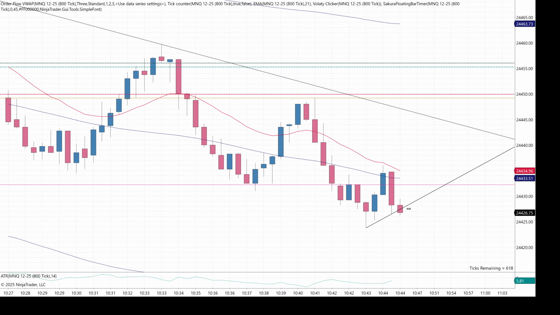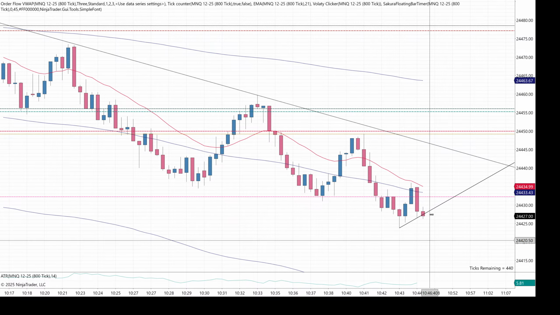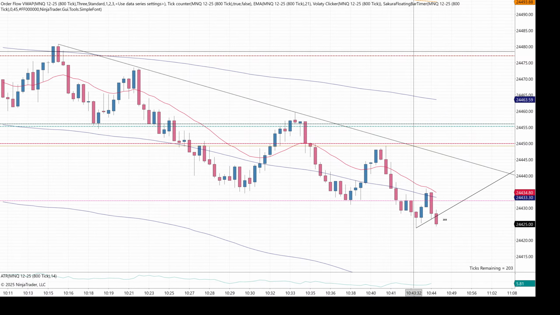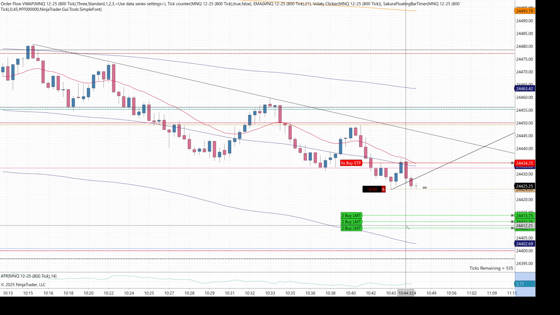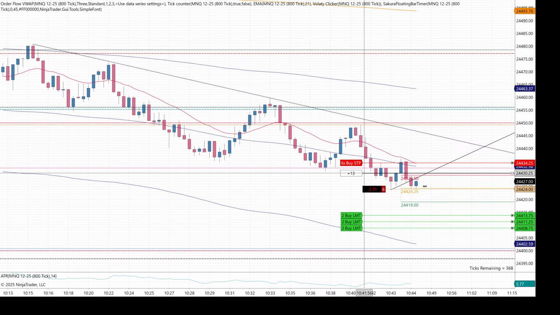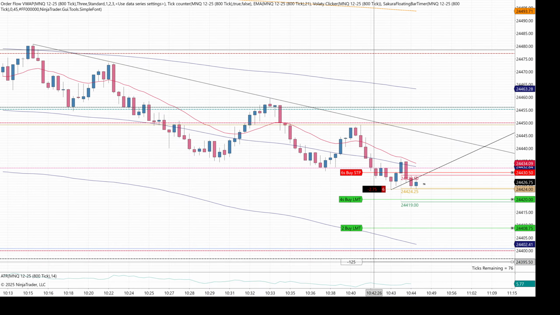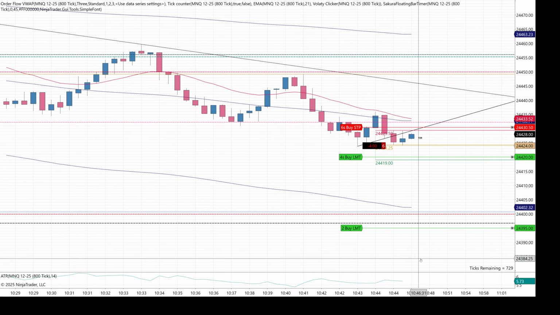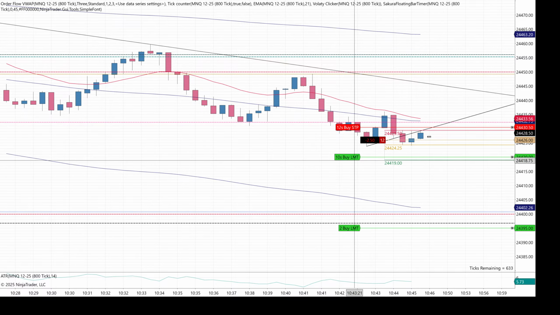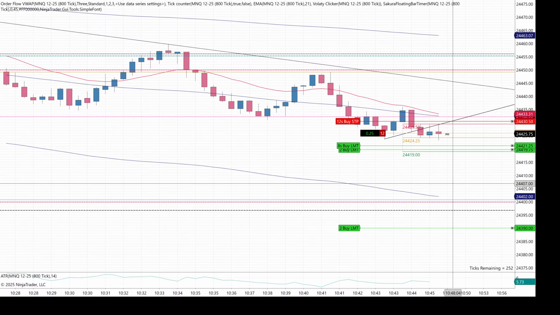let's see. I might take this signal here to keep going south. Okay, let's see if we can get this thing to really push down.